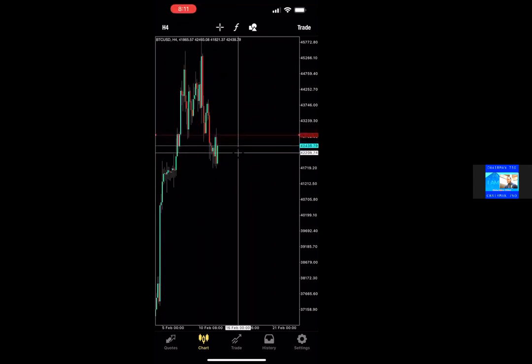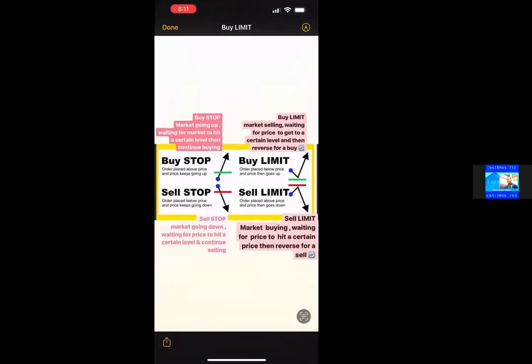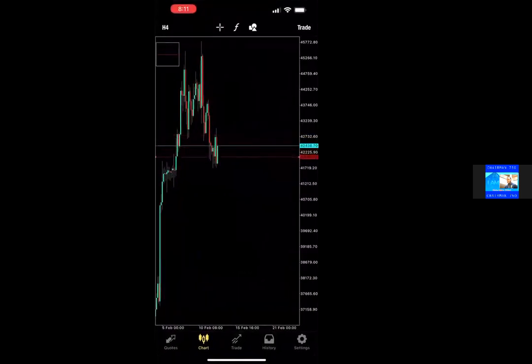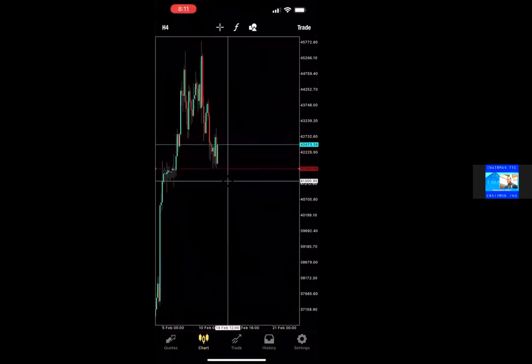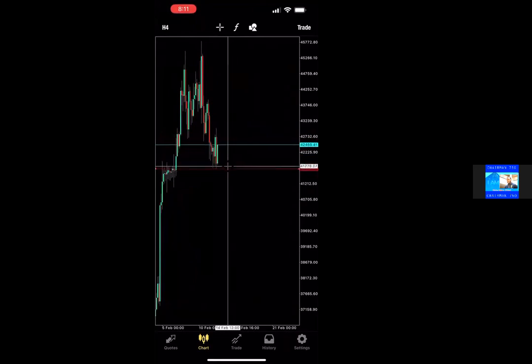Now, let's say we have a sell stop. That is when the order is placed below price, and we want the market to keep going down. So let's actually move this line. In this case, I want to enter the market for a sell, but not right here. I want it to enter me in once it gets down here. Okay, that's a sell stop.